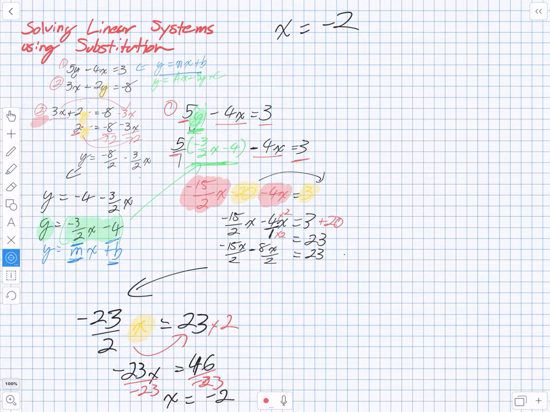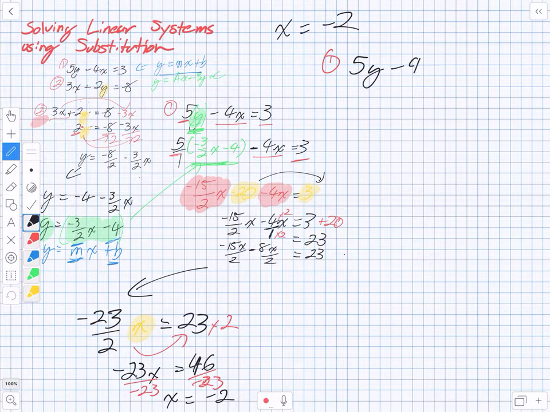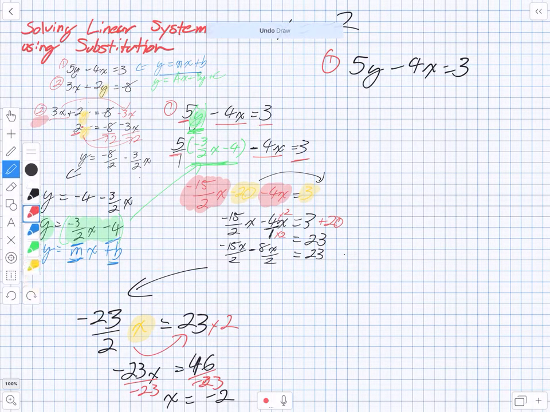Let's just choose equation 1. Equation 1 again was 5y minus 4x equals 3. Because we have a value for x, we're going to replace the x in this equation with the value of negative 2.